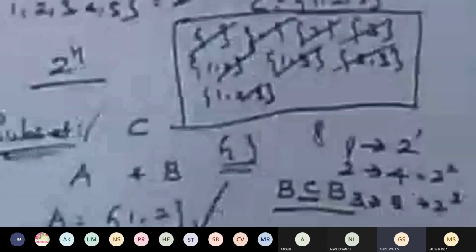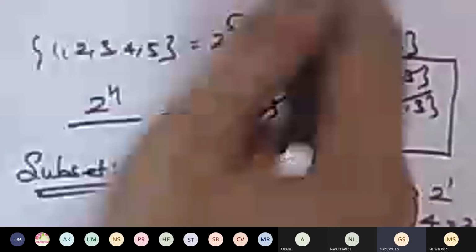Next, power set. What is meant by power set? Consider a set A. The collection of all the subsets of A is called the power set. For example, take 1, 2. What are the possible subsets?